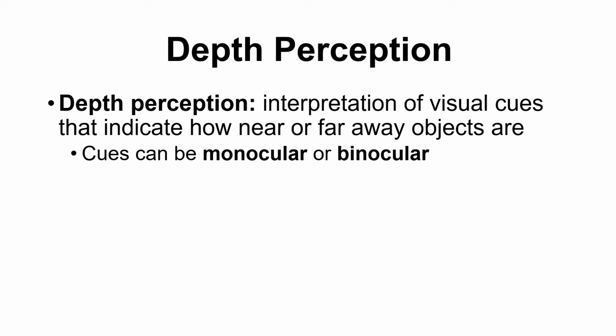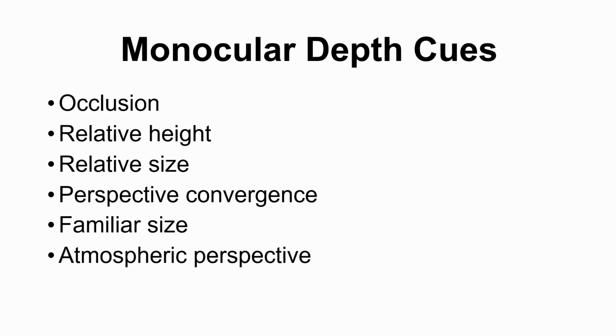Monocular cues just mean that they don't rely on us having both eyes in different positions, so we could see those even if we just had one eye, or even if we were looking at something like a two-dimensional image, which is how I find it easiest to imagine these monocular cues. So let's start off with our monocular depth cues. These are the ones that don't require both eyes to see.